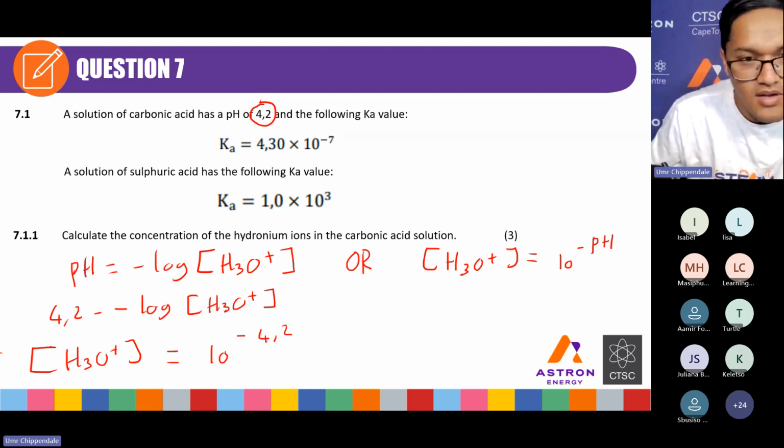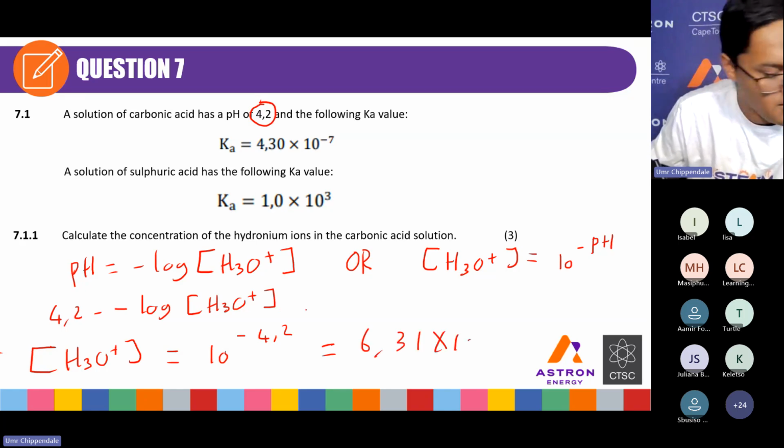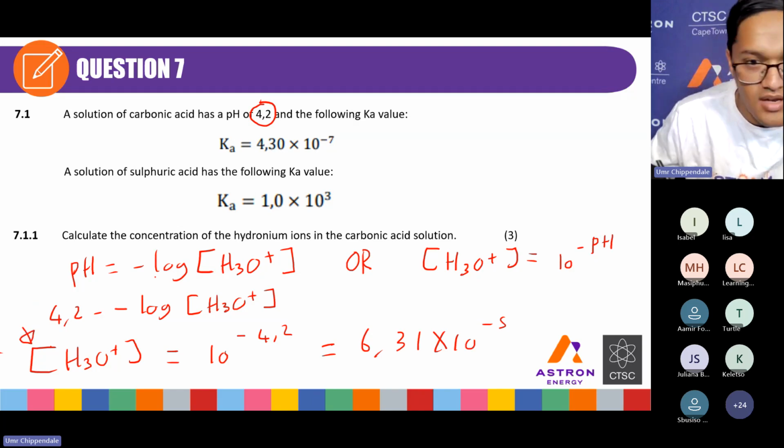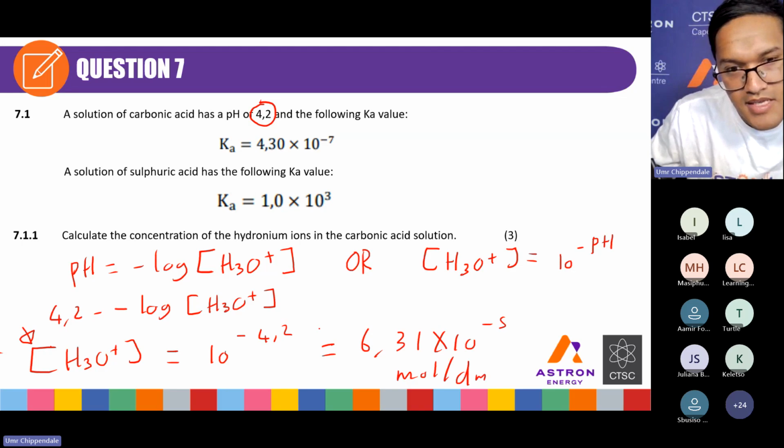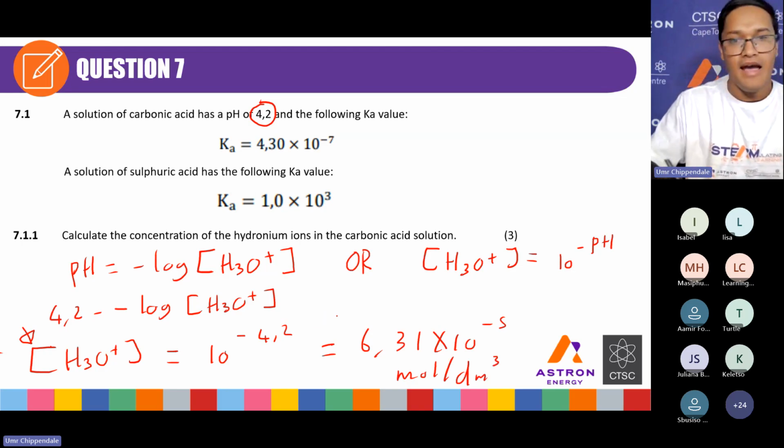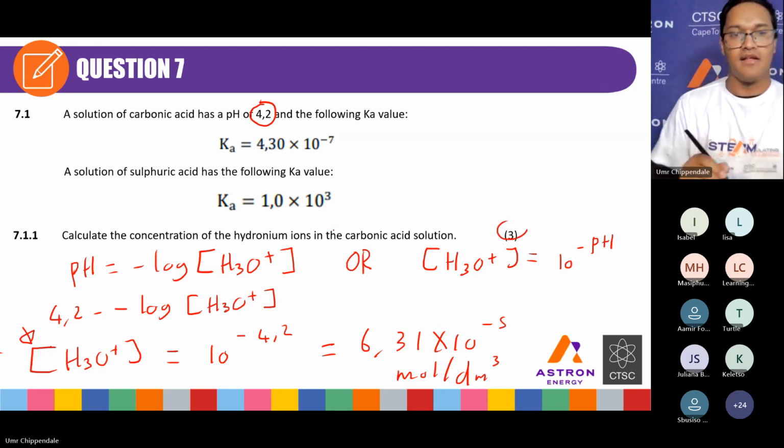You type that in your calculator and you get an answer of 6.31 times 10 to the negative 5. Because this is a concentration, you write your units, moles per decimeter cubed. And that's where you get your 3 marks.